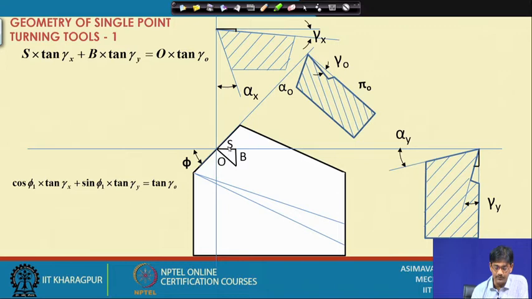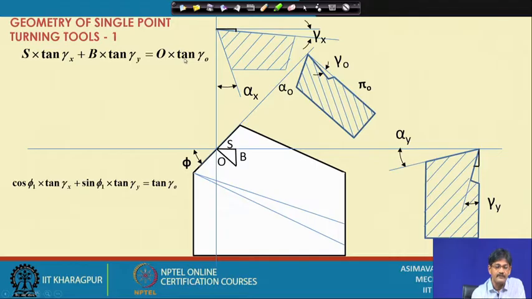So, the vertical distance down along O will simply be, as we discussed, O tan gamma O. Tan gamma O is identified here, and therefore the vertical distance I am going down here is equal to O into tan gamma O, as we discussed.